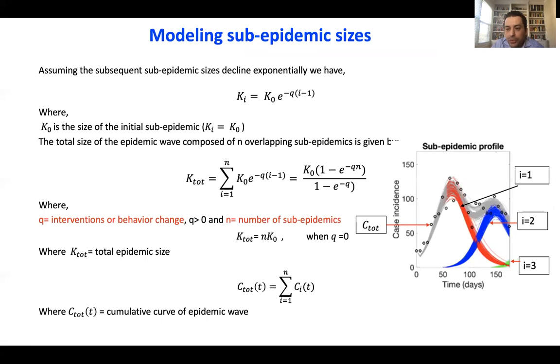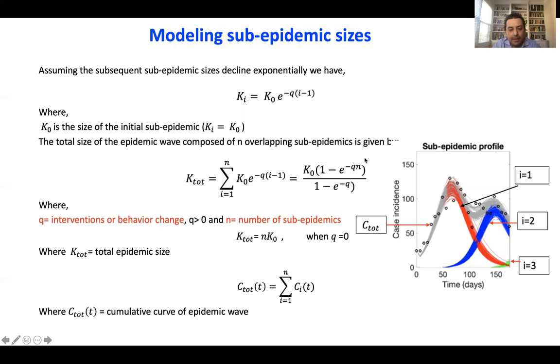So if we assume that the later subepidemics start to decline as a result of interventions or behavior changes, we can characterize those sizes with this equation, where parameter q represents or captures the intensity of those interventions or behavior changes that mitigate transmission.